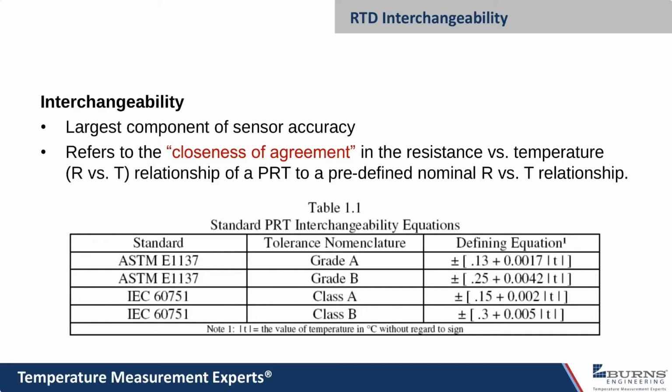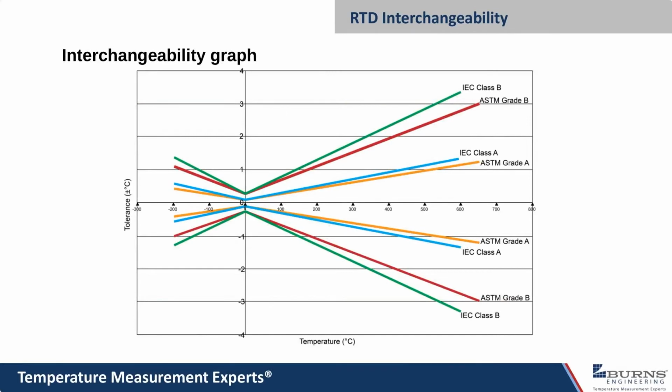Say, Bill, this is Jeff. I think one of the easiest ways I've explained interchangeability to people is this: when a manufacturer makes the sensor, some of these are going to fall at 100.0 something or 100.1 ohms, and some are going to fall at 99.9 ohms.